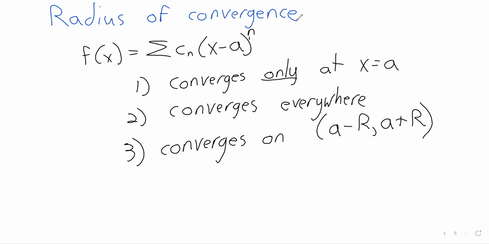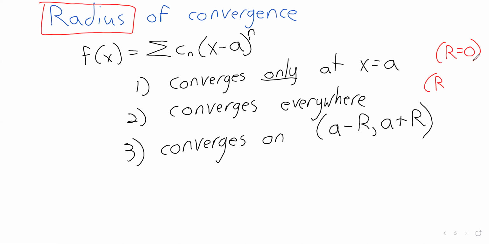And you see we have the phrase radius of convergence here, and I'm using the capital R for radius. So when we talk about the radius of convergence, if it converges at a single point, we say the radius of convergence is 0.